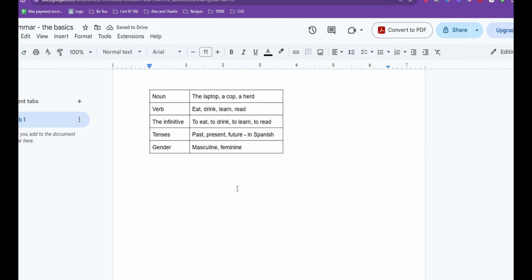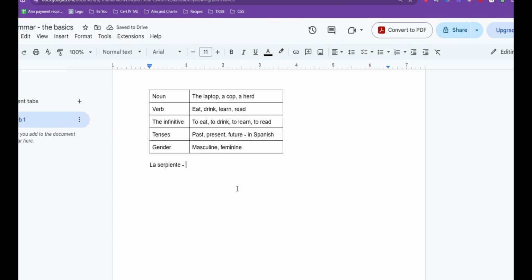This will be important because it will help you form structures in the future in Spanish. And then we talk about gender. Now, gender in Spanish only concerns nouns, and the noun's gender is what determines what endings the adjectives and so on are going to be used. For example, la serpiente is feminine, and it's just feminine.